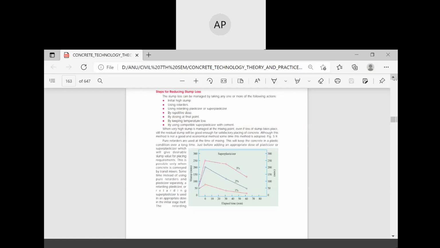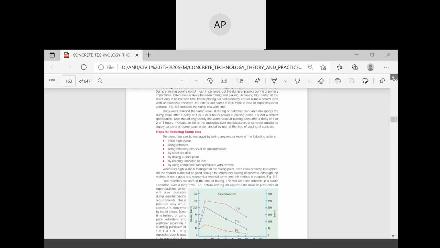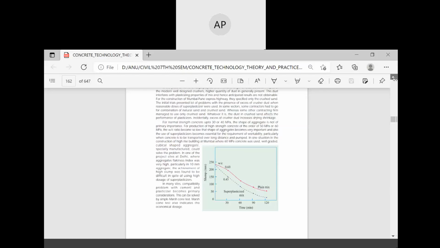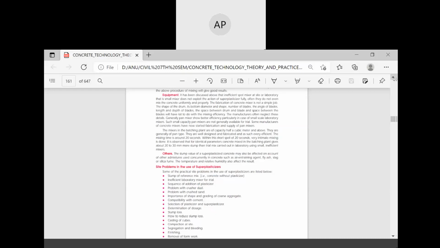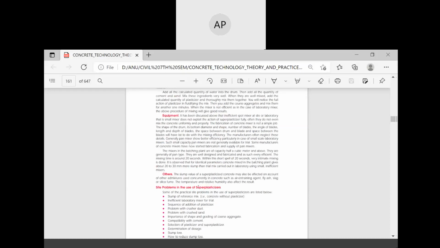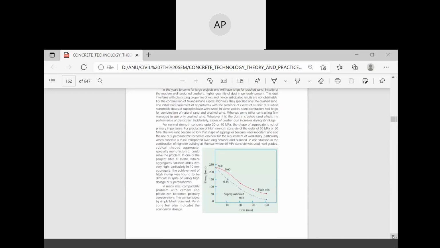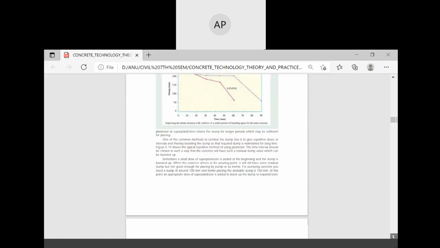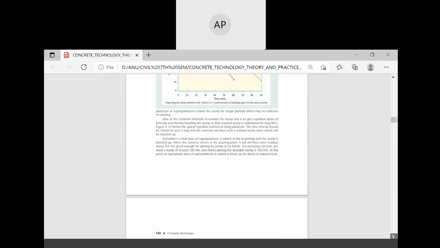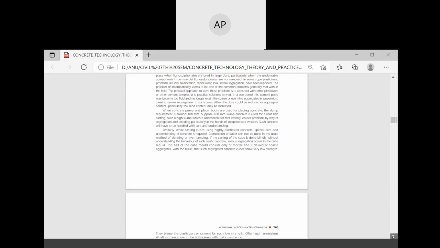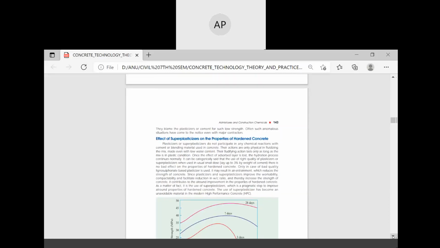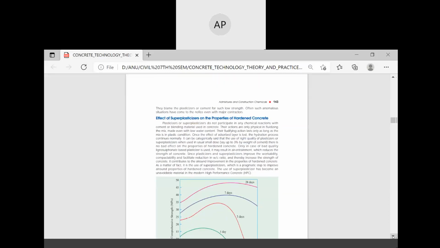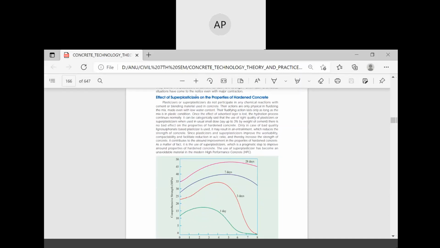Steps of reducing slump loss. Slump loss. Side problems of superplasticizers we have discussed, and other potential problems. Effect of superplasticizer on the properties of hardened concrete. So let's discuss this point.